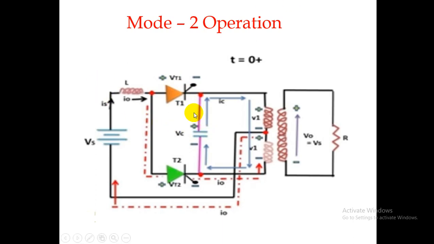And one more analysis that we can say: the upper plate of the capacitor is positively charged, the lower plate is negatively charged. Then we apply the same polarities across the thyristor T1 also. Look at this, this plus is applying here, this minus is applying here.